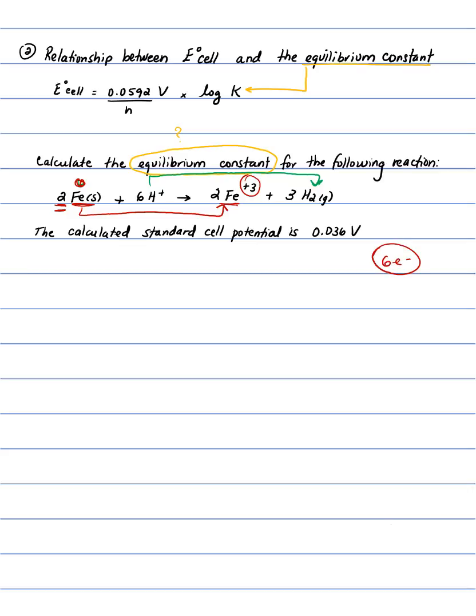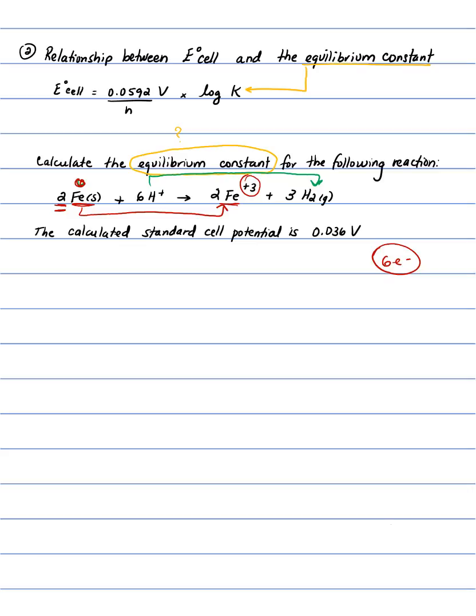So I'm looking at how many electrons I'm getting from the oxidation. Now you can do the same thing with the reduction. It doesn't matter which one you use, you should get the same number, because the number of electrons that you're getting from the oxidation has to be equal to the number of electrons that are being used to reduce the other substance. So you have 6 protons, each one with a charge of +1. So H plus, 6 of them, right? And you're forming on the other side hydrogen.